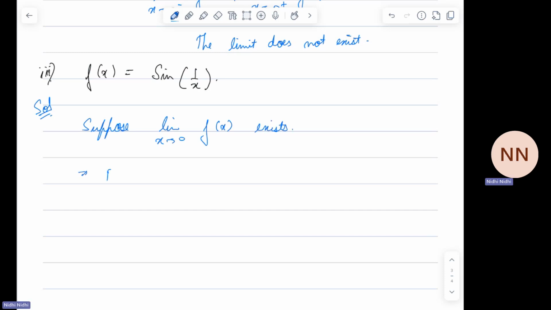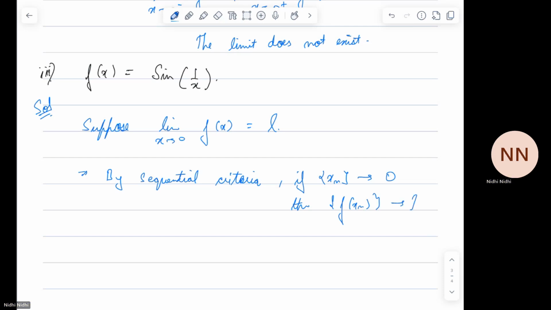This implies by sequential criteria that if x_n is a sequence going to 0, and suppose this is equal to some L, then f(x_n) should converge to L.